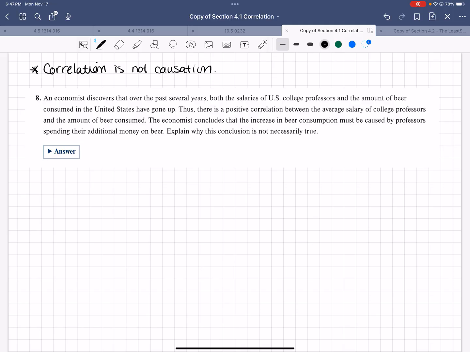So, assault's going up in the summer, the purchase of ice cream is going up in the summer. There's going to be a positive linear correlation there. So, buying more ice cream in the summertime causes people to beat each other to death.